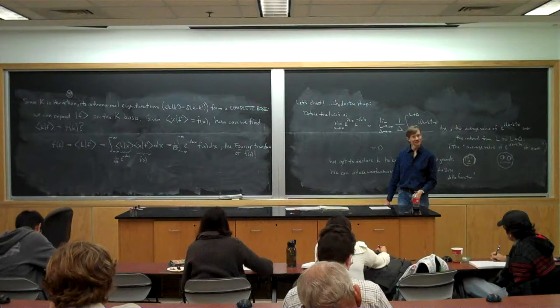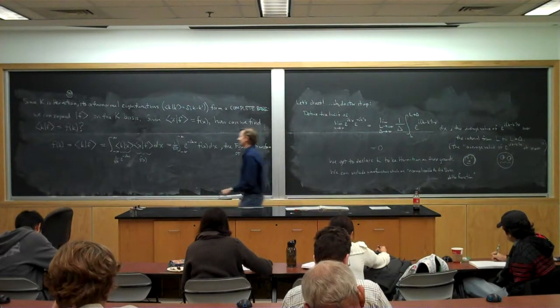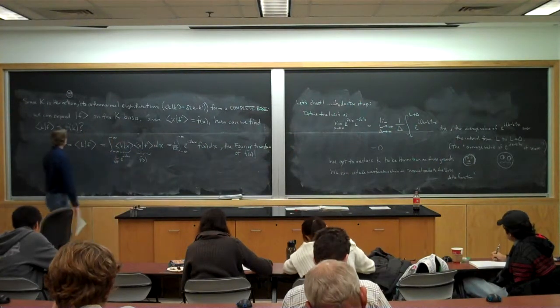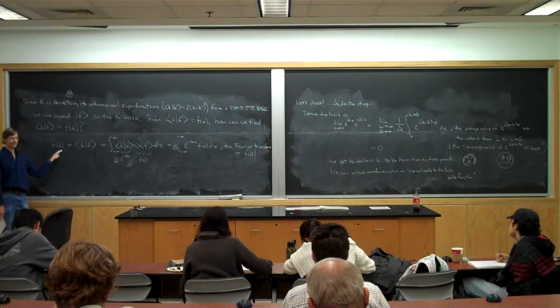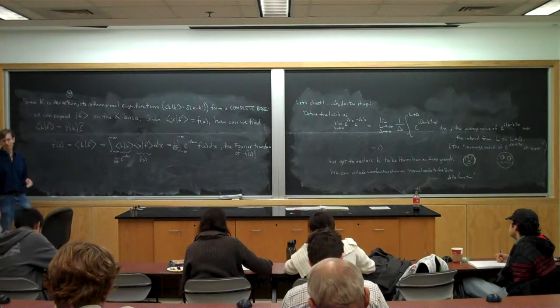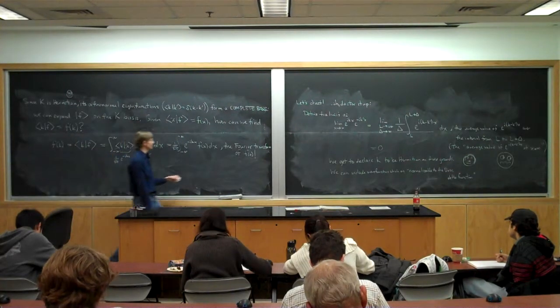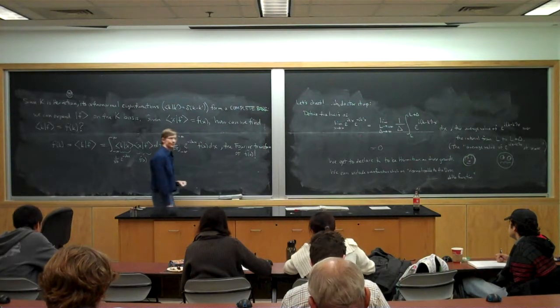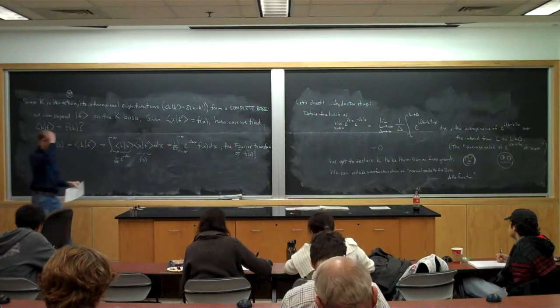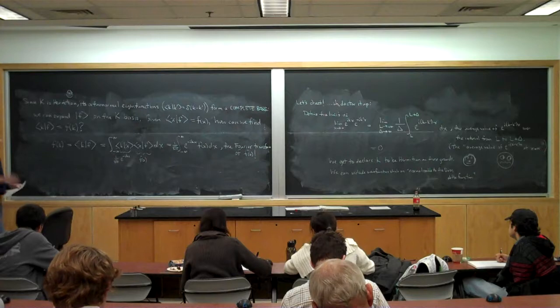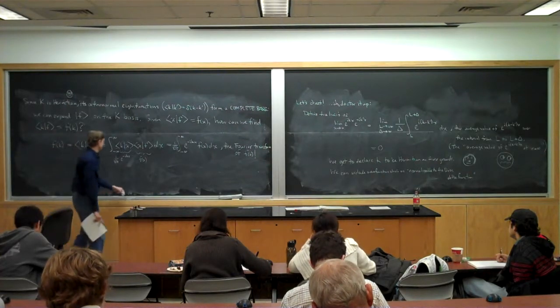Holy crap, basically. So in other words, the representation of f on the k basis is the Fourier transform of the representation of f on the x basis. They have a Fourier transform relationship to one another.